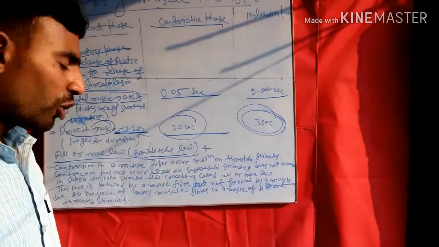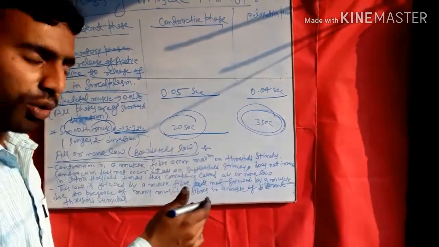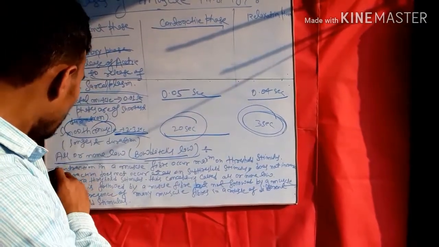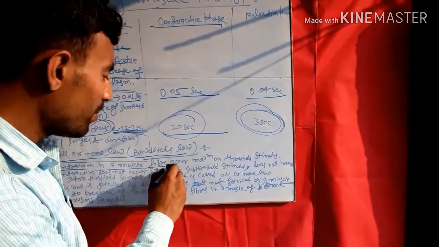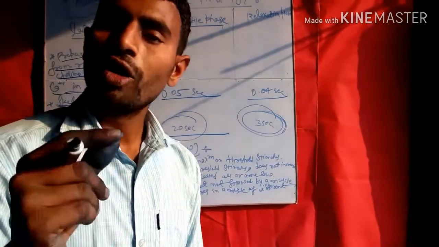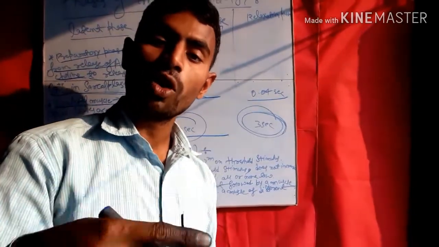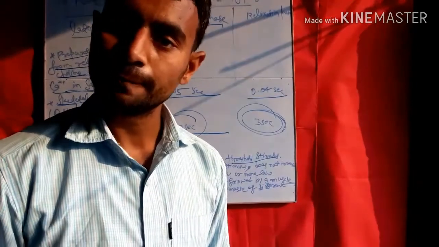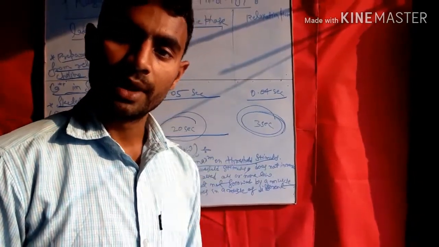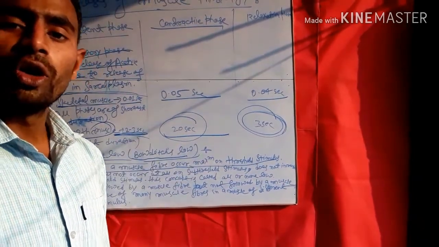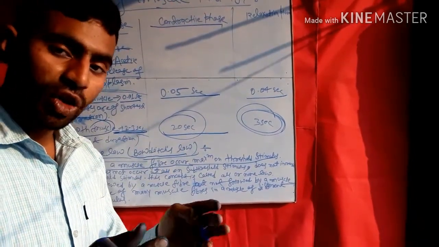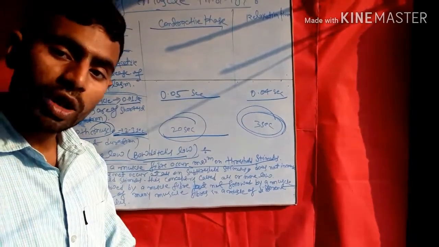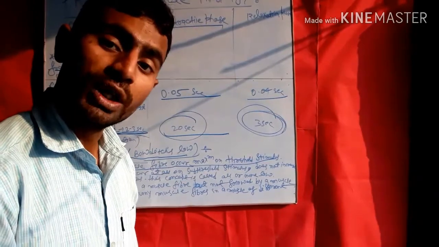The all or none law says that contraction in a muscle fiber occurs on maximum threshold stimulus.